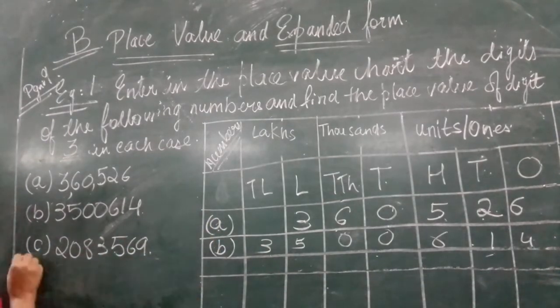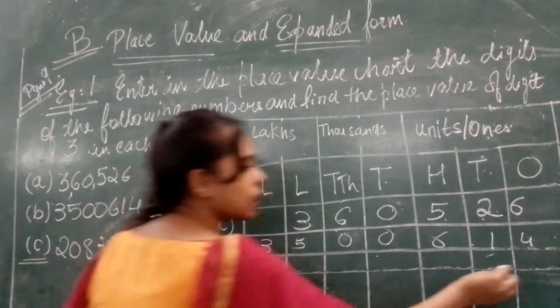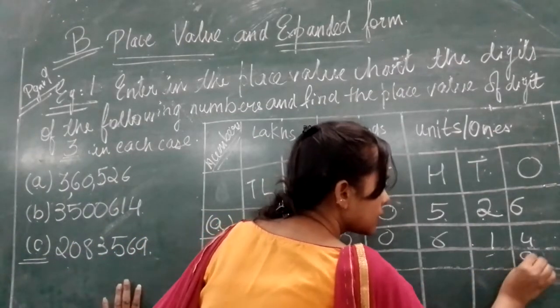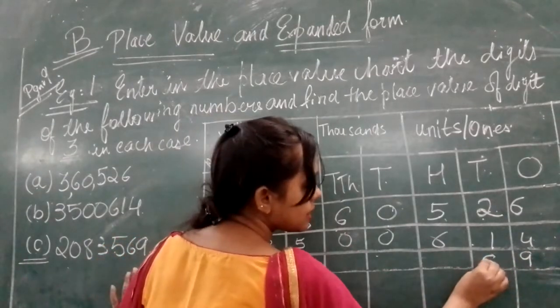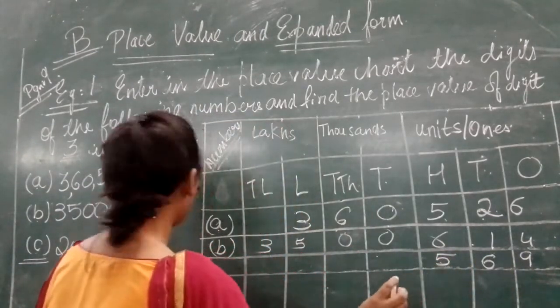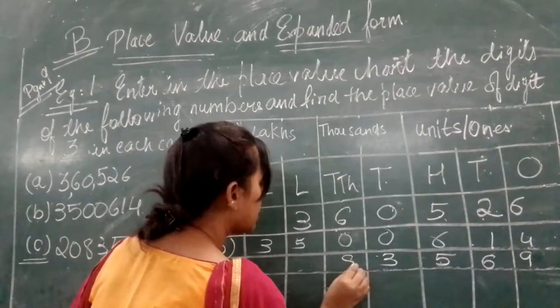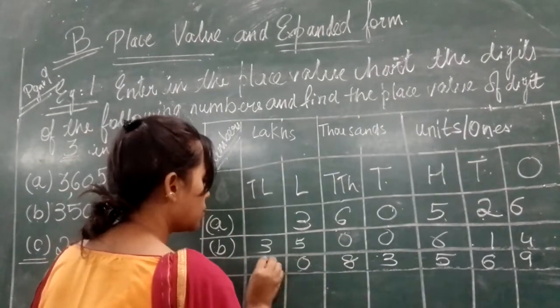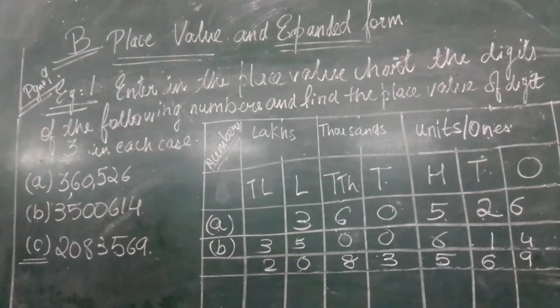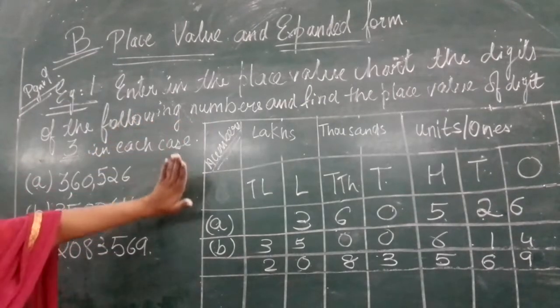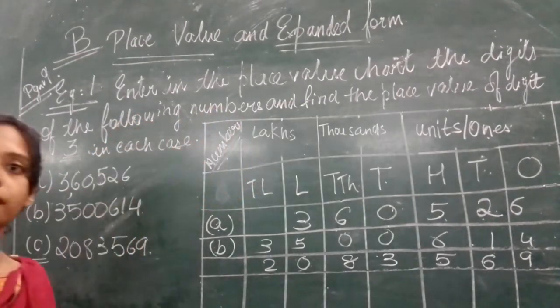Now, look here. Again you will start from the last: 9, 6, 5, 3, 8, 0, 2. Correct? Now, what do you have? You have now entered the digits in the place value chart.